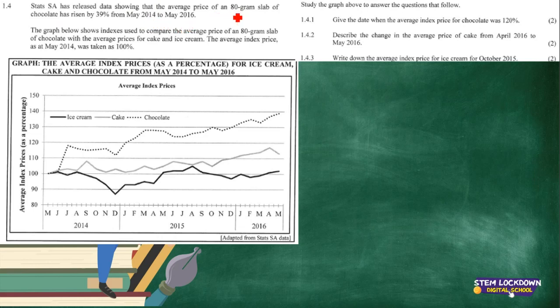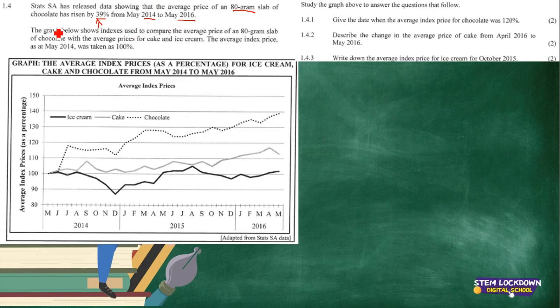So here, 80 grams is the weight or the mass of chocolate. 39% is an increase. And from 2014 to 2016, we're looking at 2014, 2015, 2016, across 3 years.